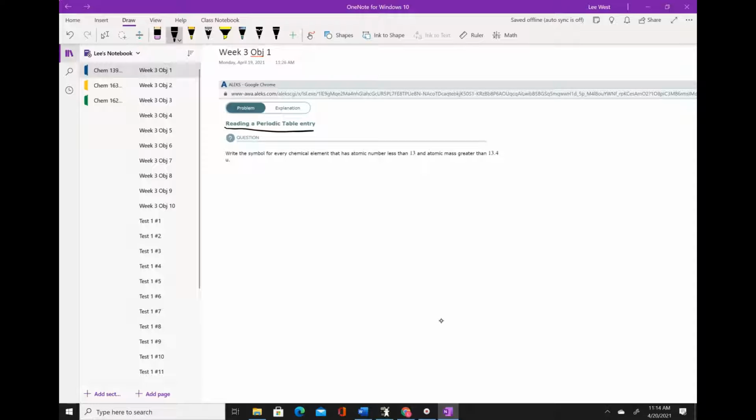So it says, write the symbol for every chemical element that has atomic number less than 13 and atomic mass less than 13.4 u, and u is another way of writing atomic mass units.